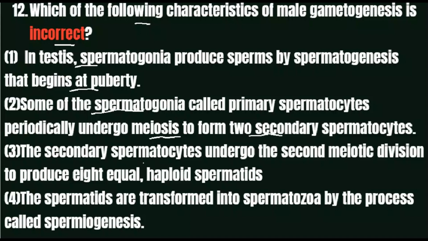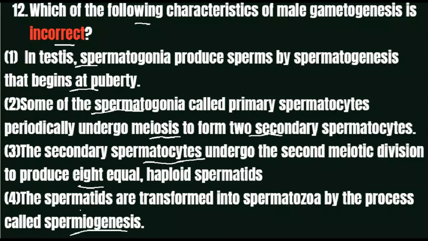Option 3 says the secondary spermatocytes undergo second meiotic division to produce 8 equal haploid spermatids. Option 4 says the spermatids are transformed into spermatozoa by the process called spermiogenesis.